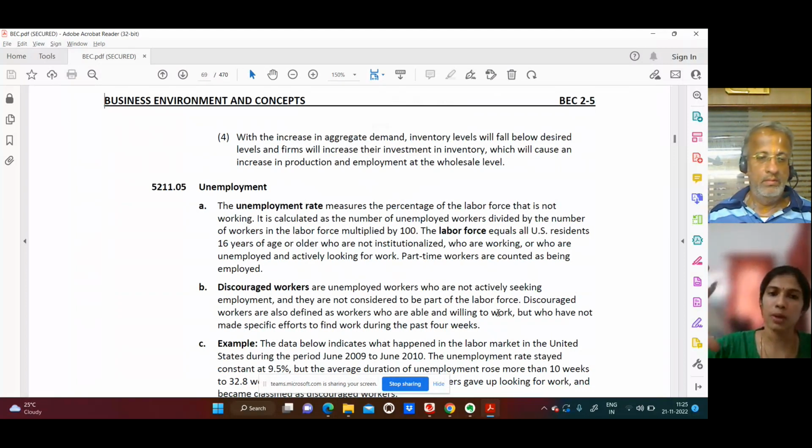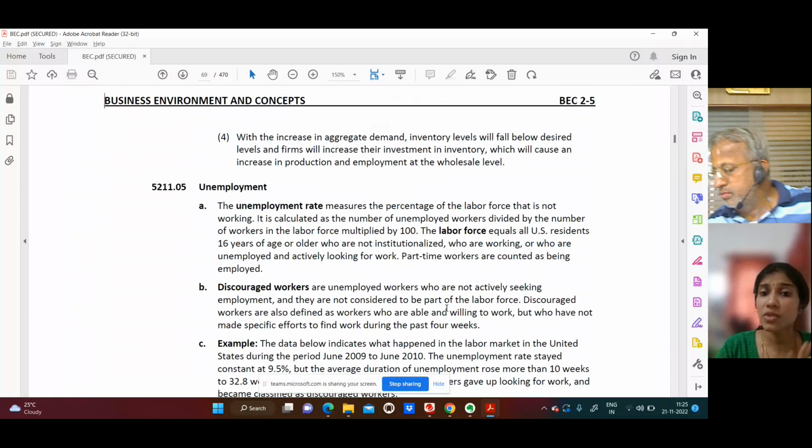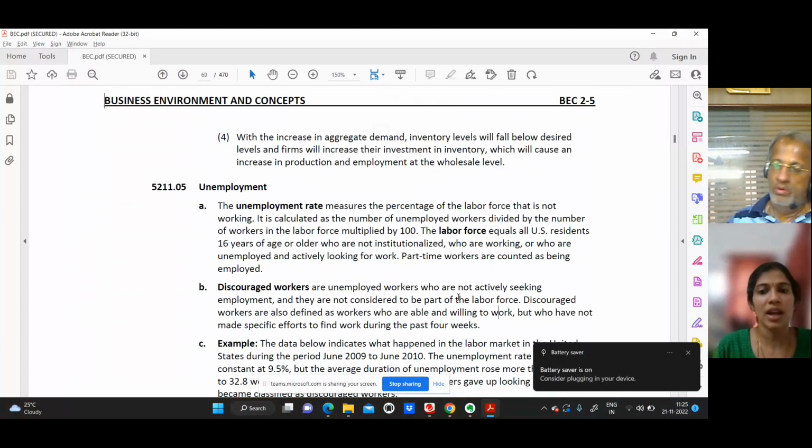So when you're given a problem with the total number of unemployed workers, and part of it is discouraged workers, you're not supposed to include these discouraged workers in your calculation, right? Basically they don't want to work. You cannot force somebody to work if they don't want to work, or they may not have the skill set for that particular job.